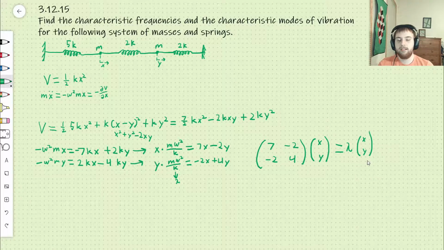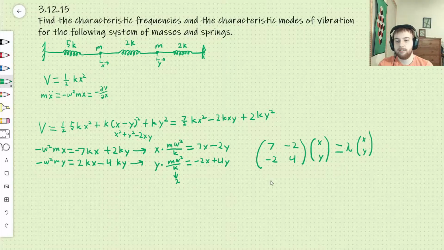So this is an eigenvalue problem. We want to find out what this value is, and we also want to find out what type of x and y actually satisfy this equation.